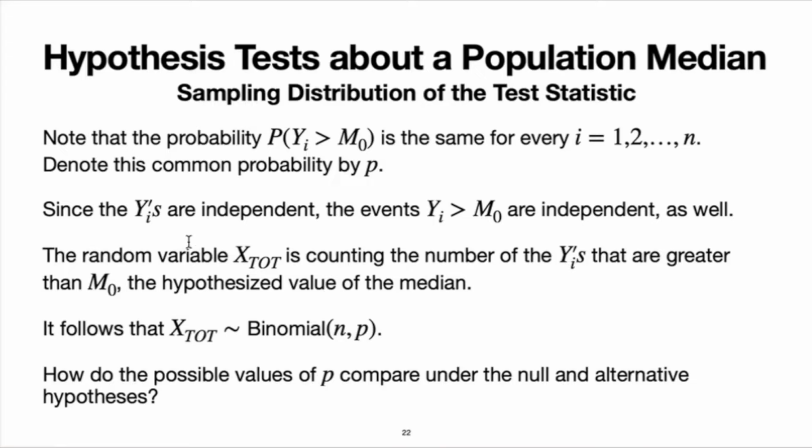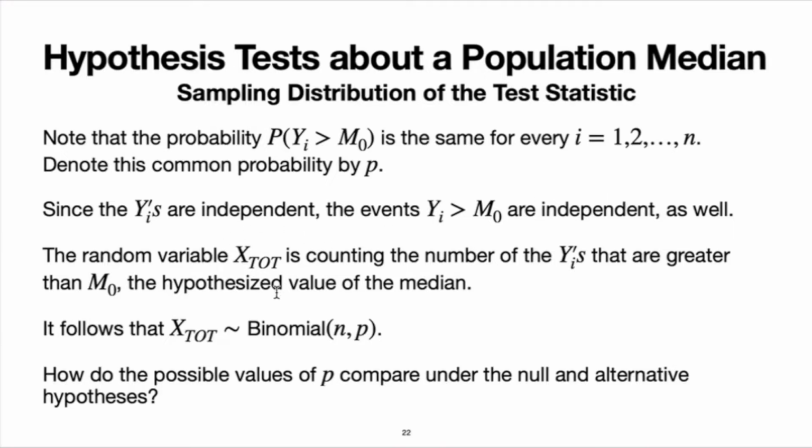Again, because the y's constitute a random sample, not only are they identically distributed, but they are stochastically independent. Because of that, the events y sub i being greater than cap M sub 0 are independent as well, and that means the x's that we've defined are independent.